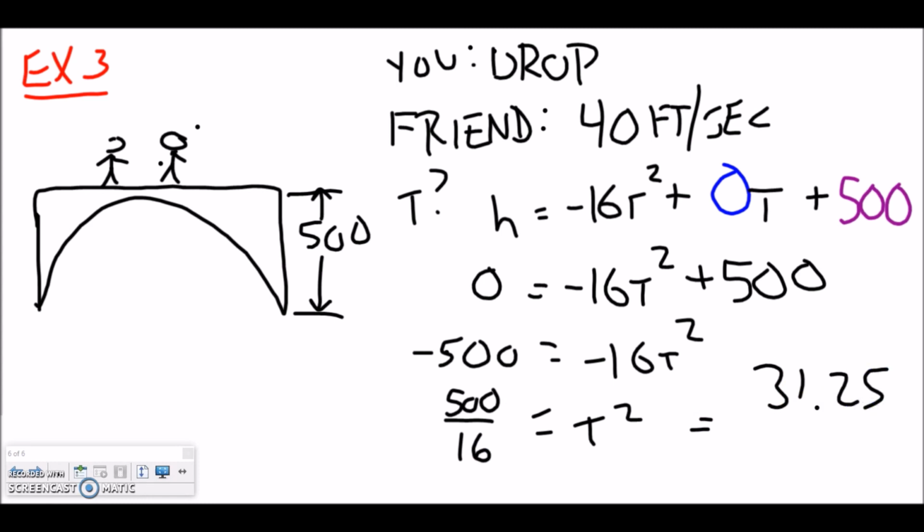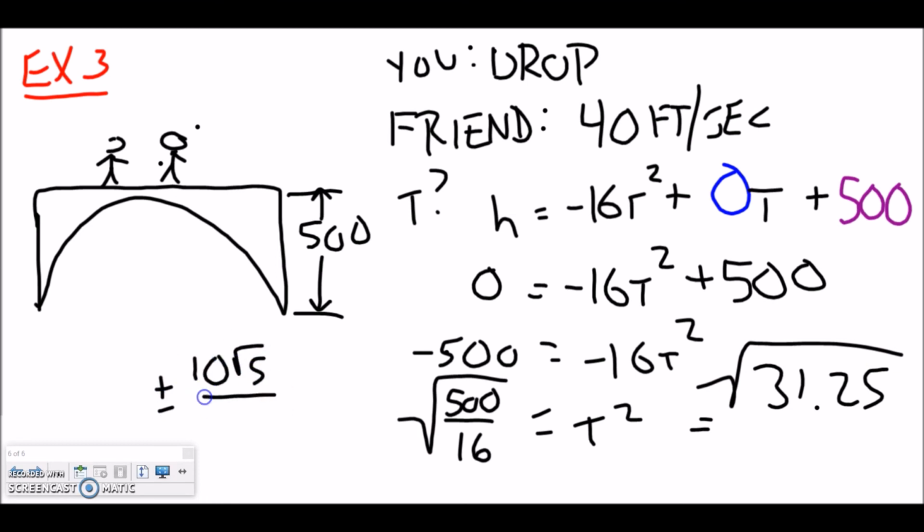But that's t squared. We need the square root. So if we do the square root of 500, I think that comes out to be 10 square roots of 5. And the square root of 16 is just 4. That reduces, if you wanted, to 5 root 5 over 2. Or we could just do the square root of 31.25.